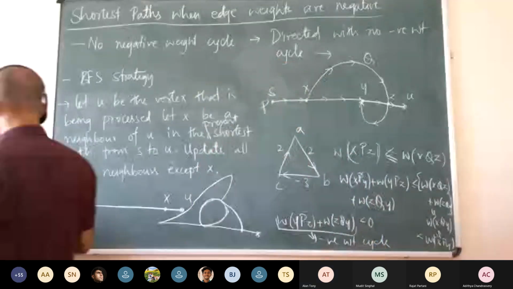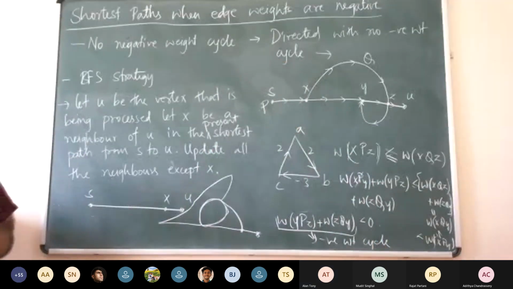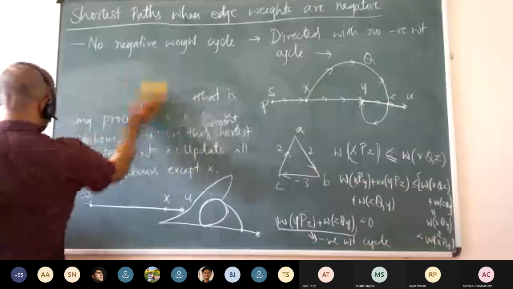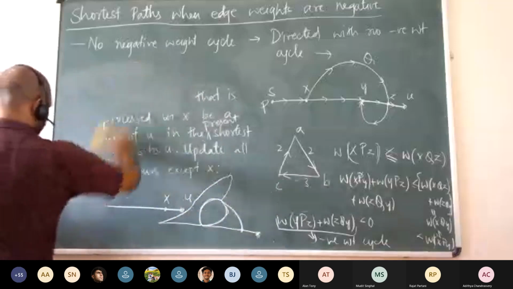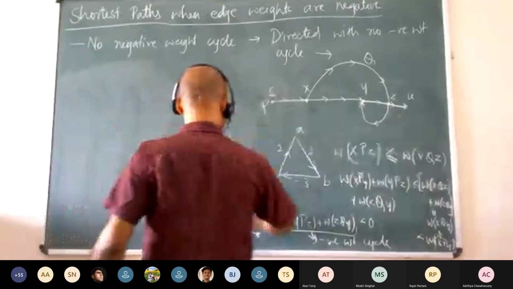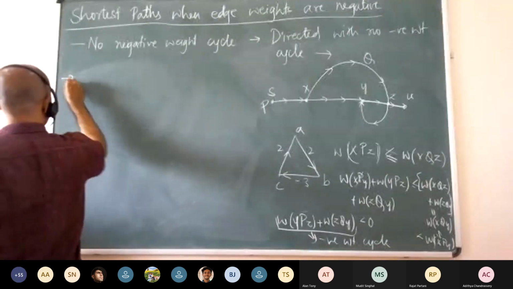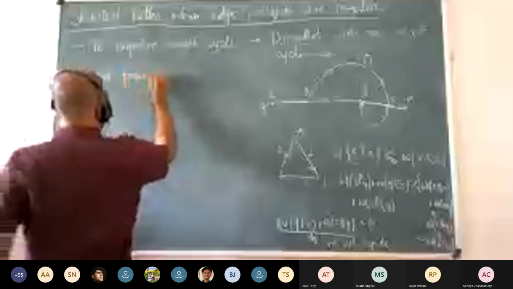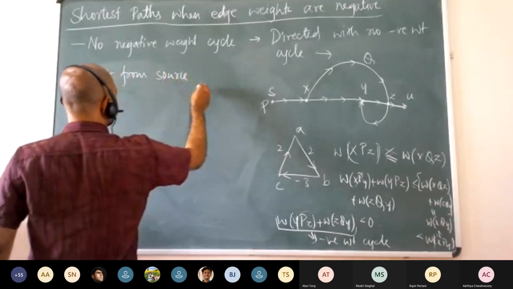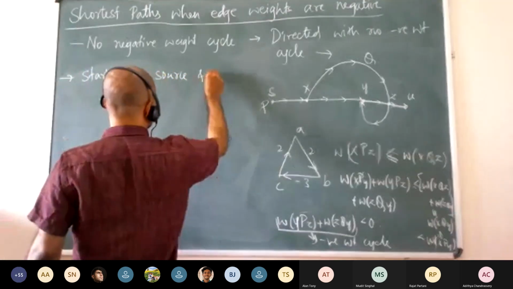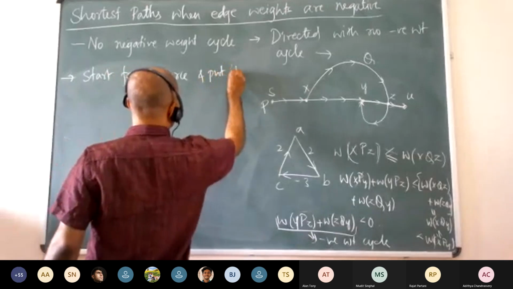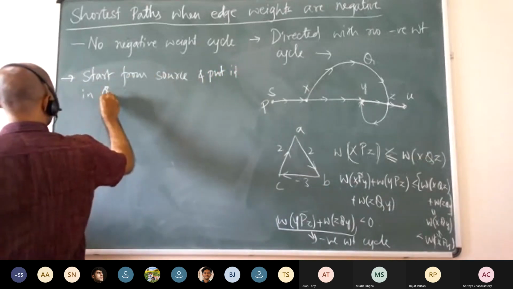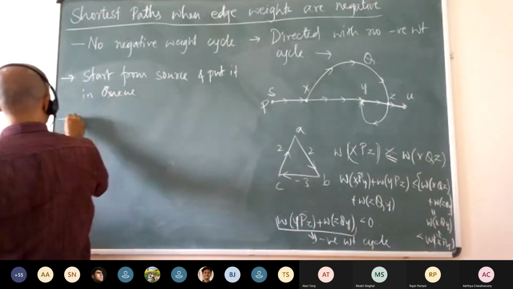So let me even write the algorithm. Basically start from the source and put it in the queue.